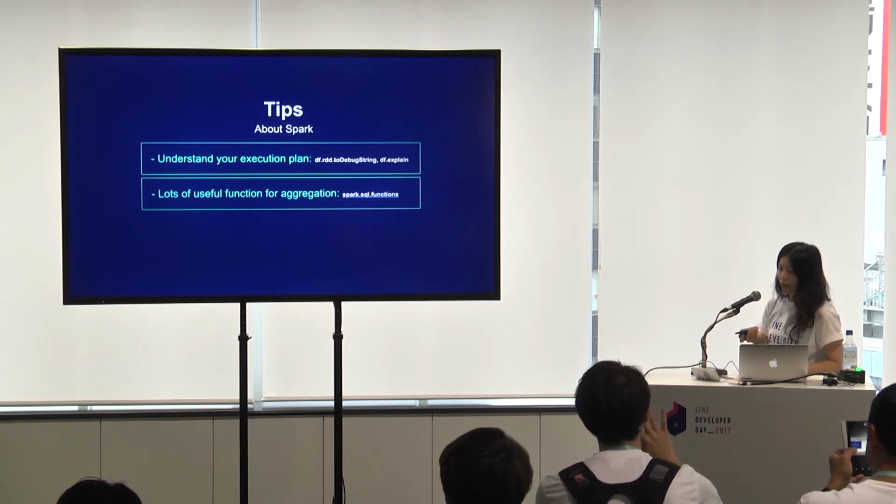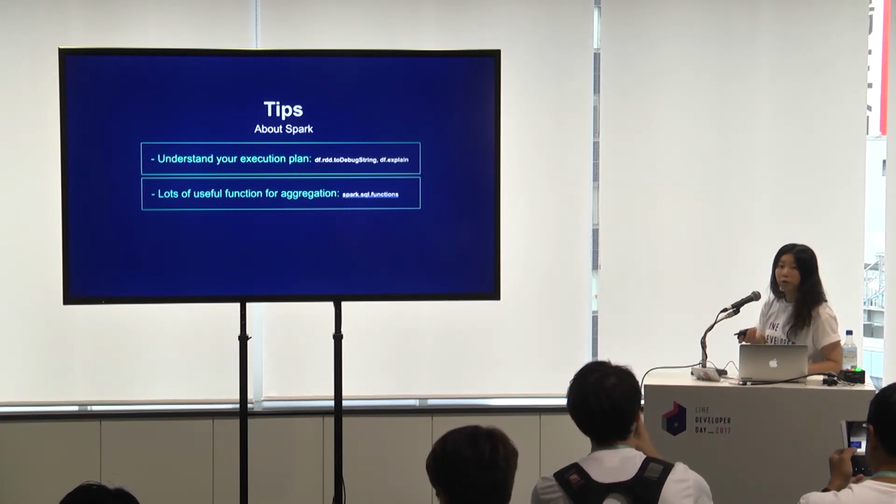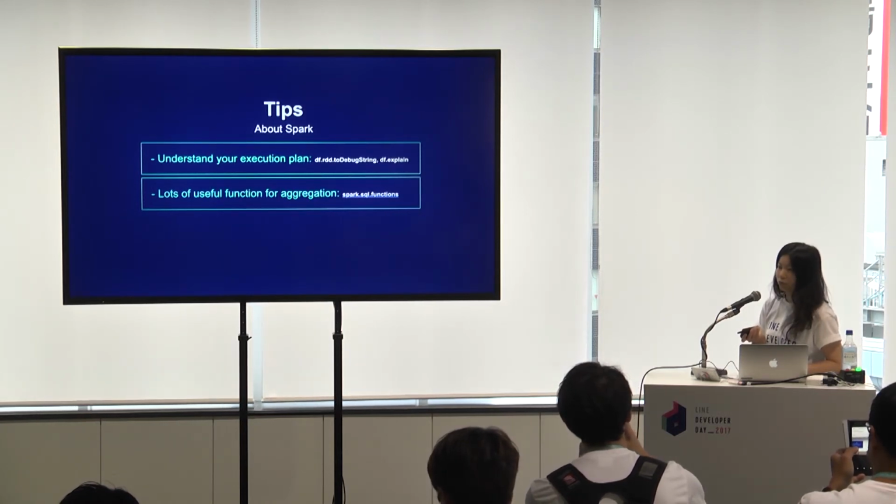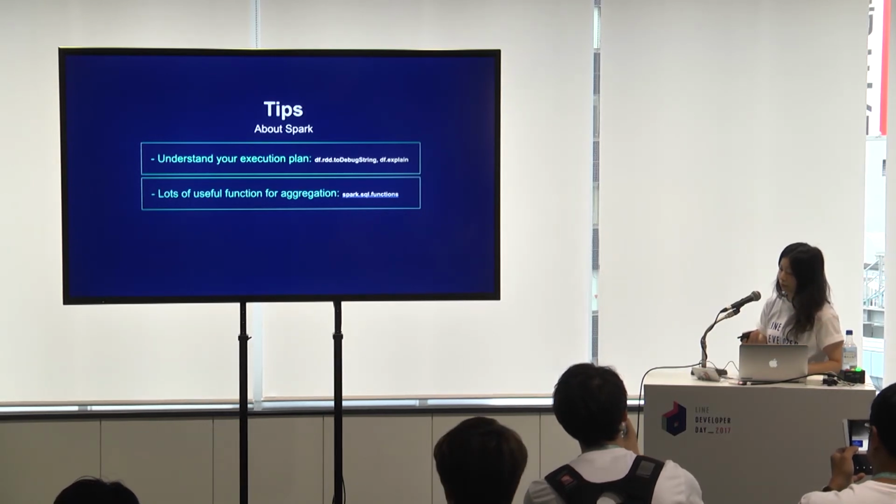The other thing is that it's very likely you will have a lot of transformations or aggregations on your data set. SQL functions provide a lot of helper functions, so mostly you don't need to do it all by yourself.